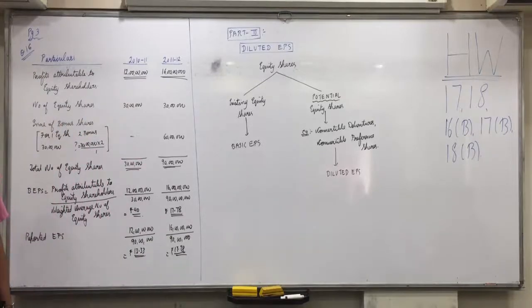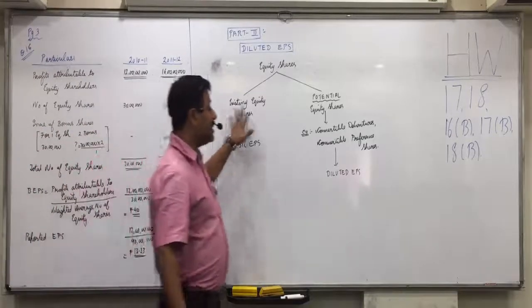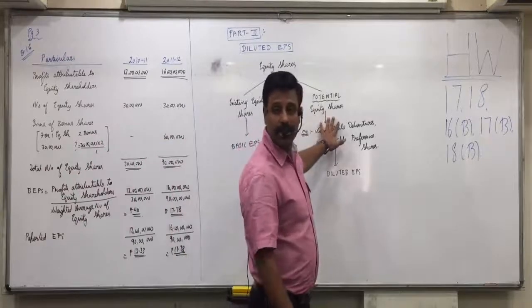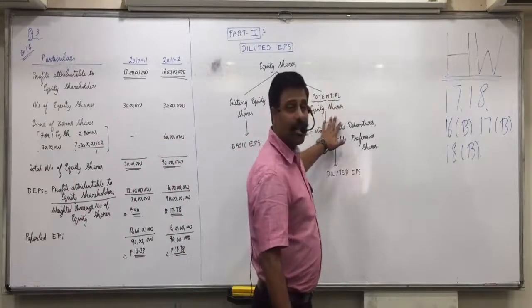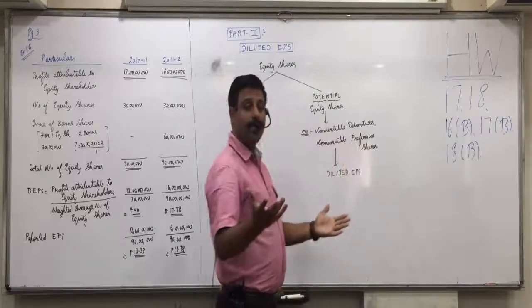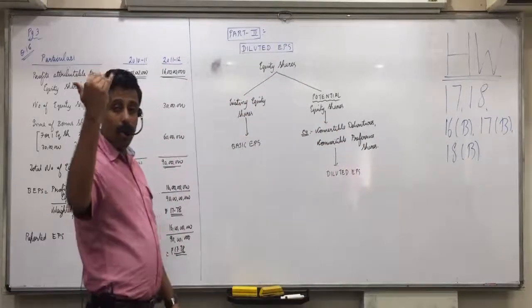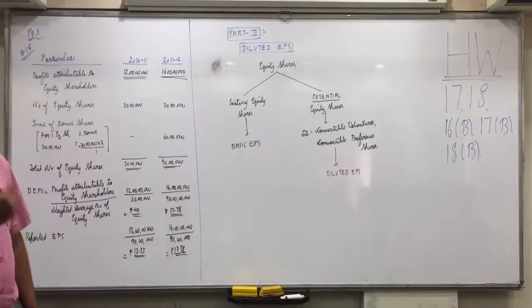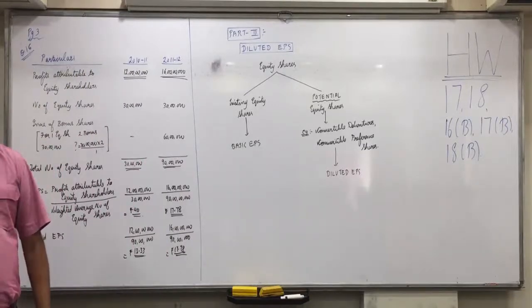So why is the term diluted used? Because diluted EPS will include existing shares as well as potential shares. So including the potential shares, the earnings will be distributed amongst a larger number of shares, and per share earning will go down. So it is called diluted EPS.